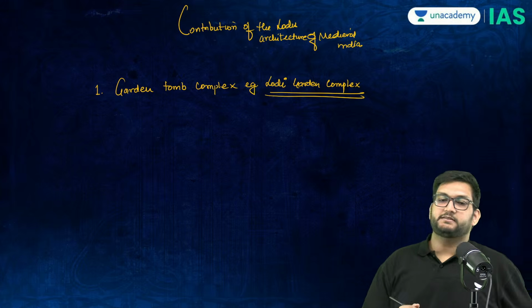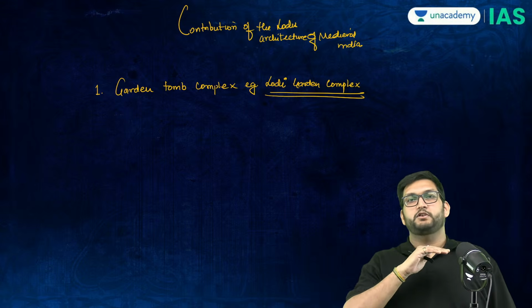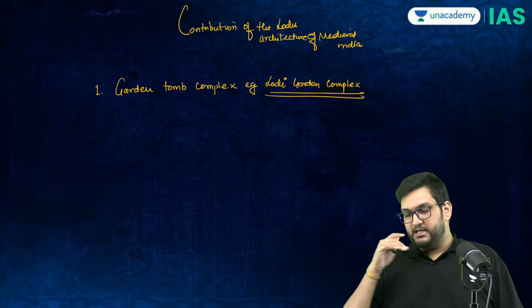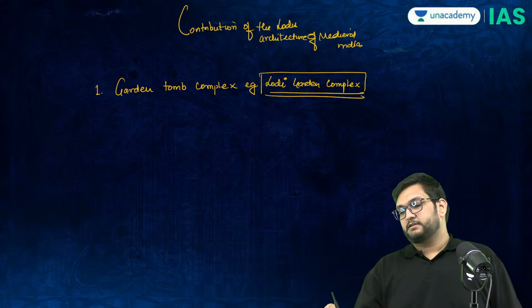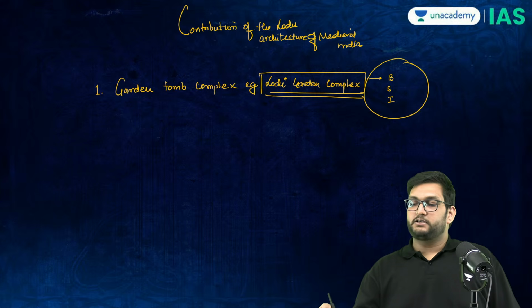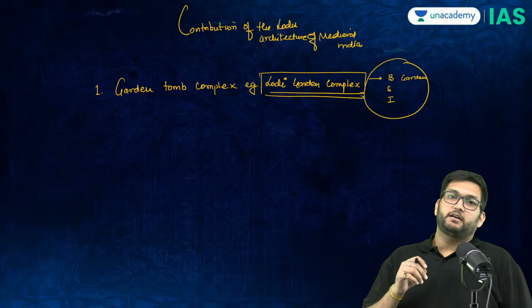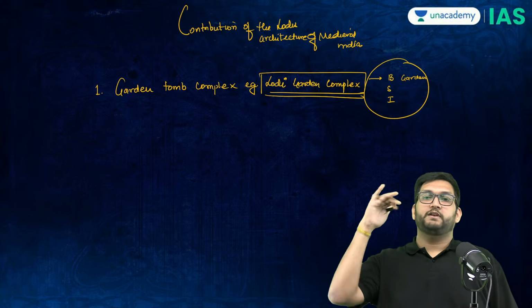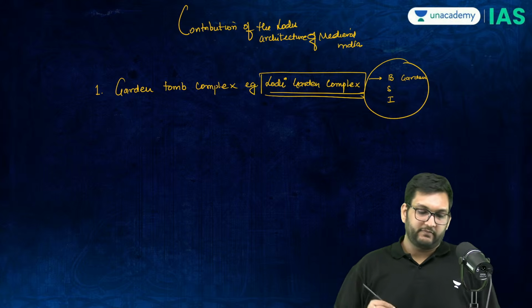The Lodi Garden complex has Bahlul, Sikandar, Ibrahim, all in the same garden tomb complex. This is a very interesting element which the Lodhis introduced, to create a garden complex in which you will have the tombs itself.